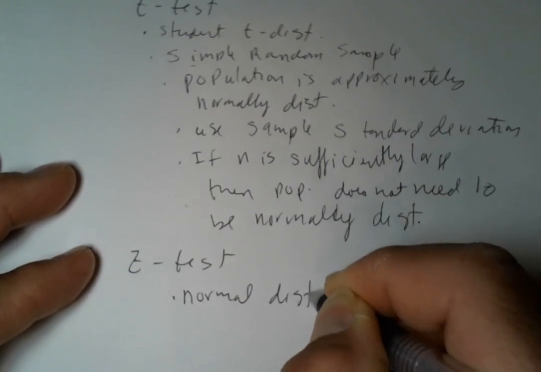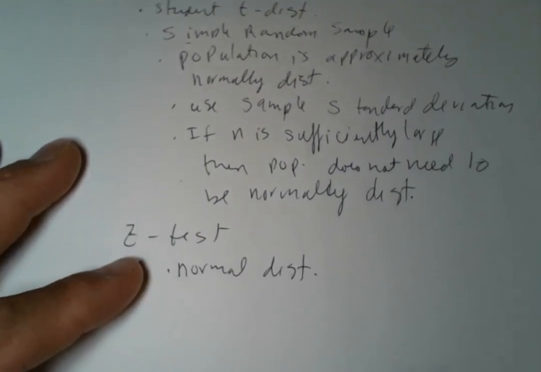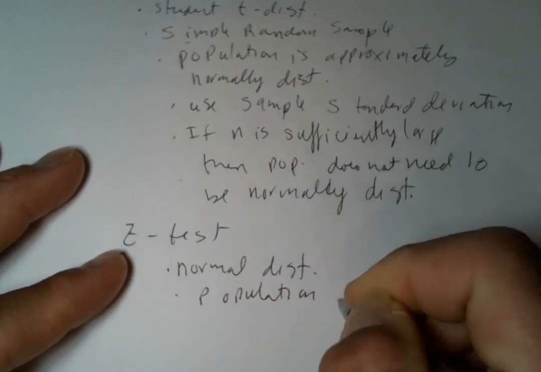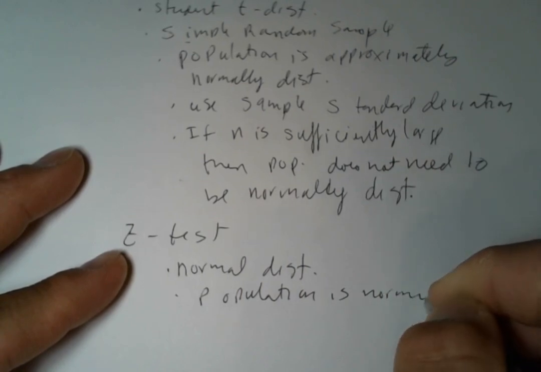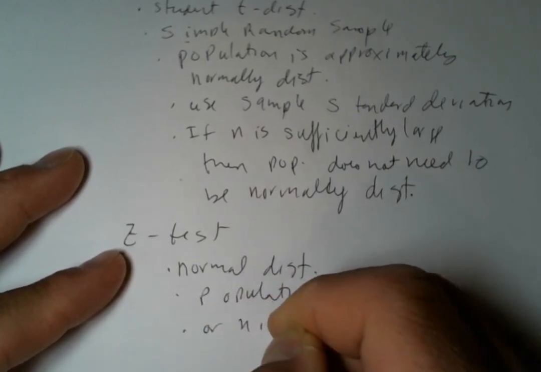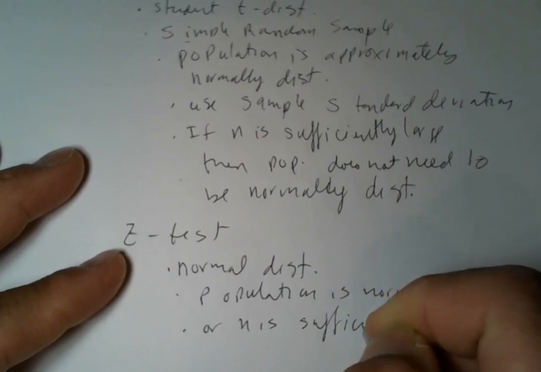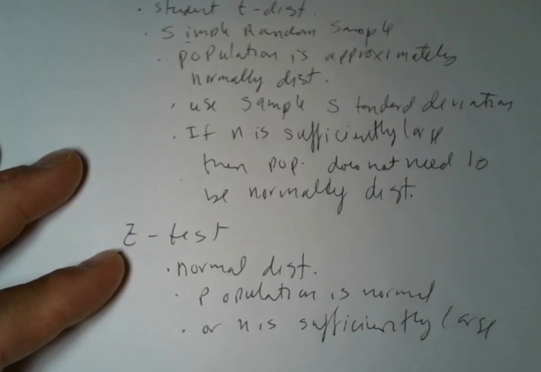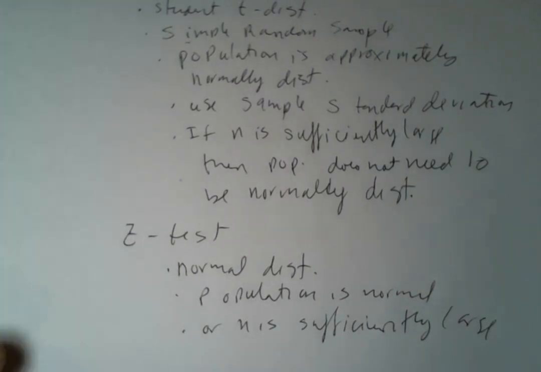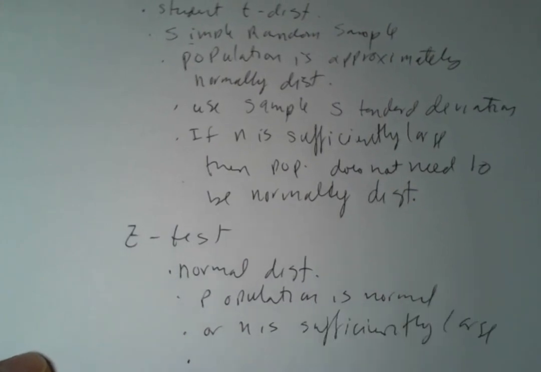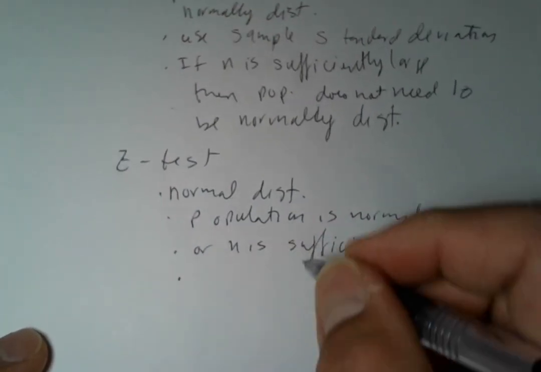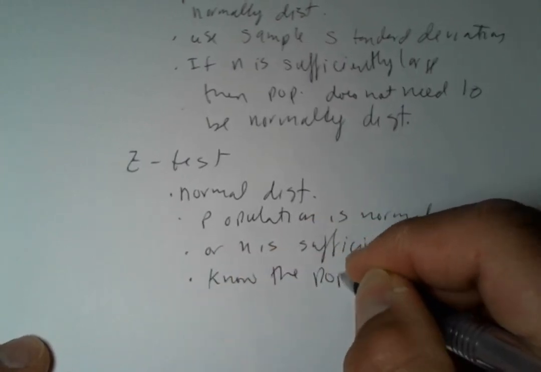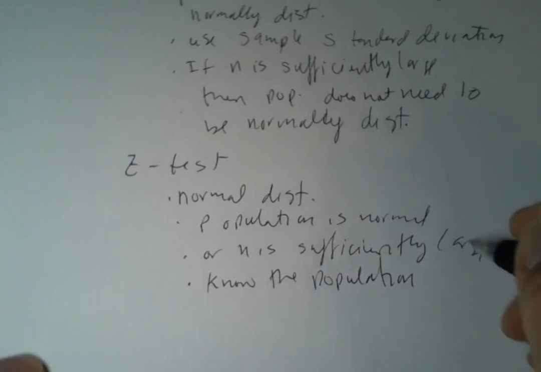But in this case, a couple of conditions need to be met, right? The one is that the population is normal, or n is sufficiently large. All right. Now, another thing that must be satisfied in order to use the z-test is that we know the population standard deviation.